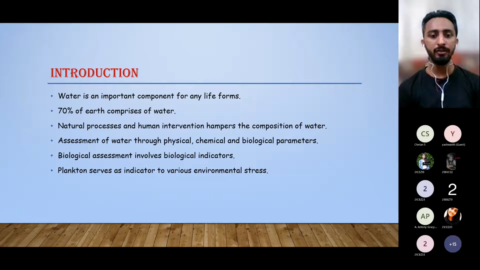That is, certain organisms living in a particular ecosystem give an idea of the water body, whether it is harmful or polluted or any other contaminant is present. One such organism is plankton, mostly phytoplankton, which serves as an ecological indicator. One such example is Scenedesmus species, which generally indicates that the water is polluted.